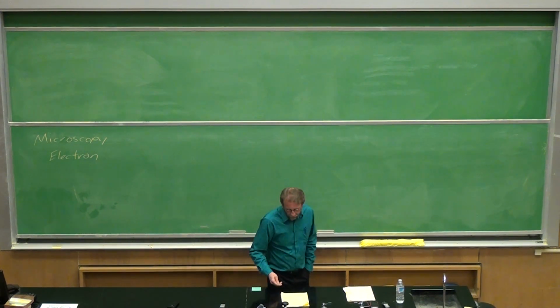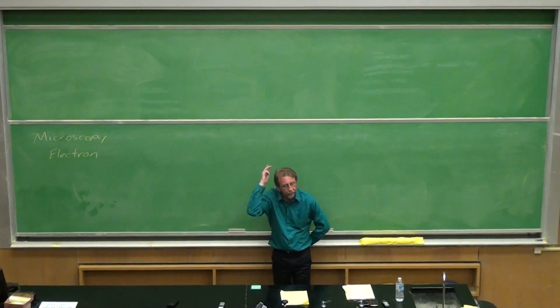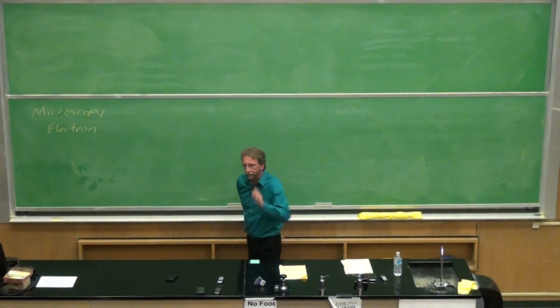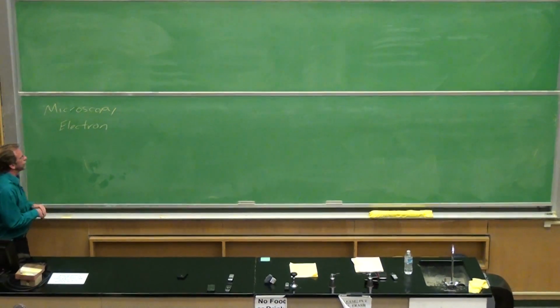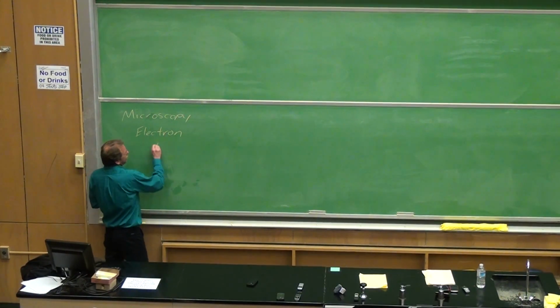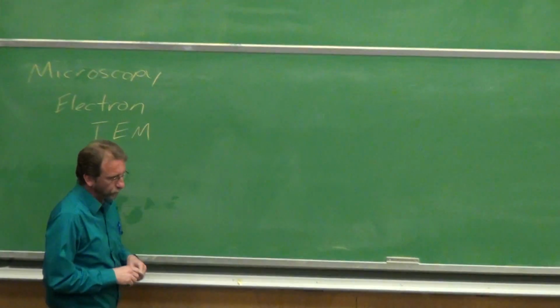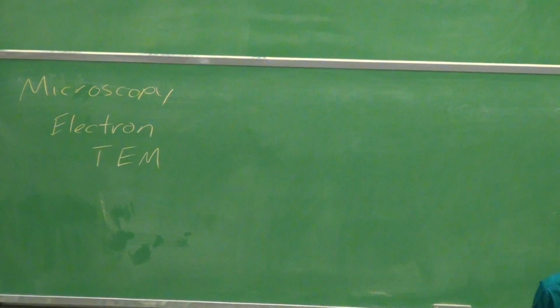The electron microscope uses electromagnetic lenses, creates a beam of electrons that it uses to bombard the sample, and then this is going to generate an image for us. There are two types of electron microscopes. There's a transmission electron microscope, which is kind of what I was describing just now.